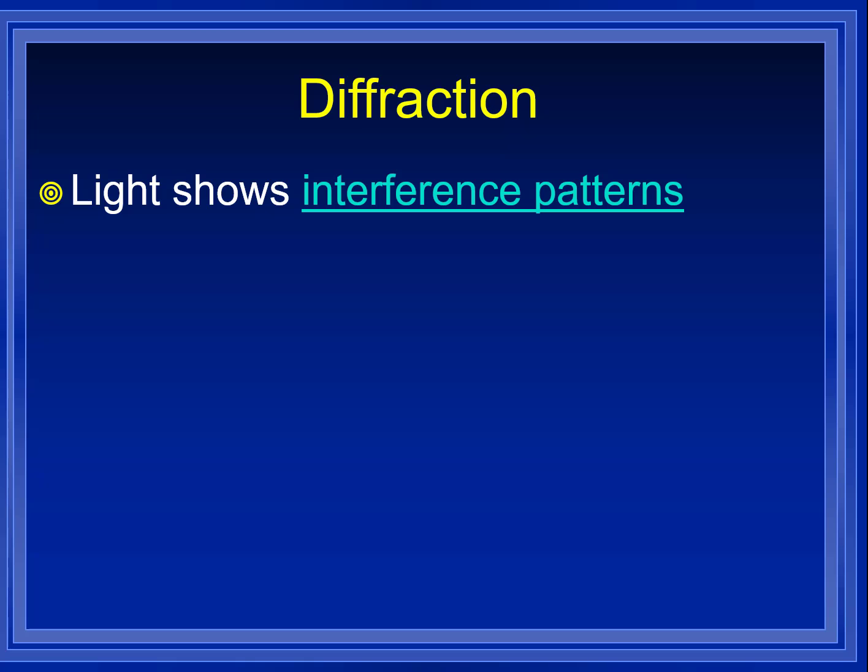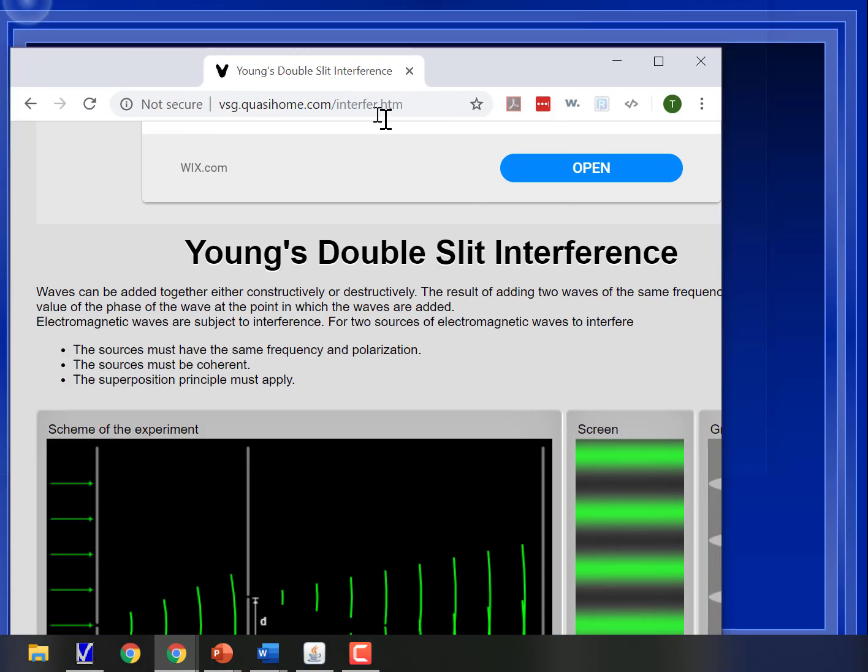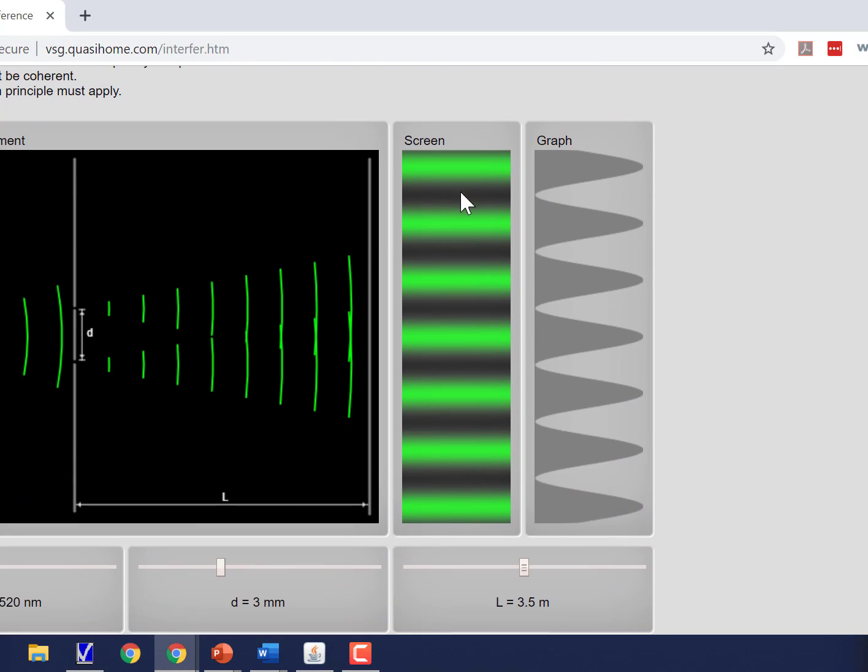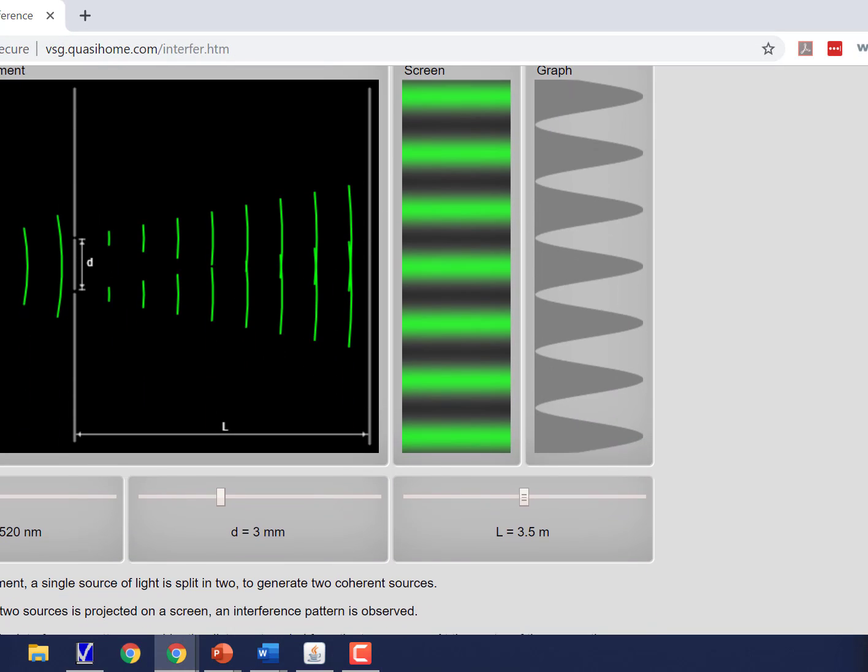And I found a second animation that does a little bit better job of showing it. All right, so here they got light waves. They go through a slit. Those waves interfere with each other, and they add up in different places.